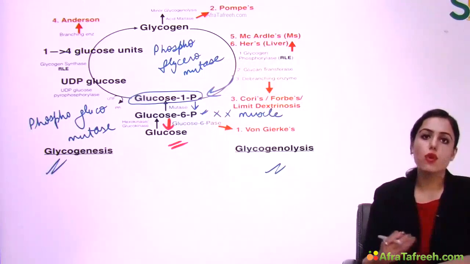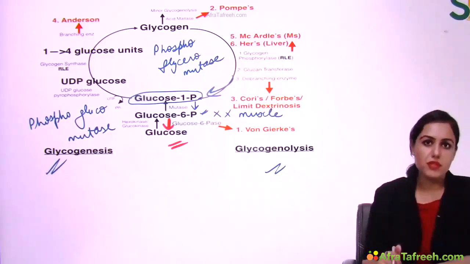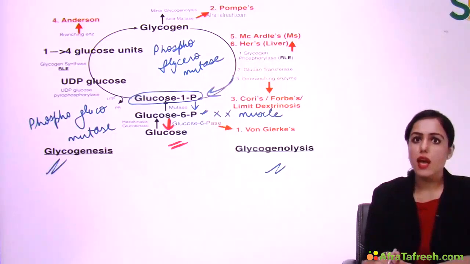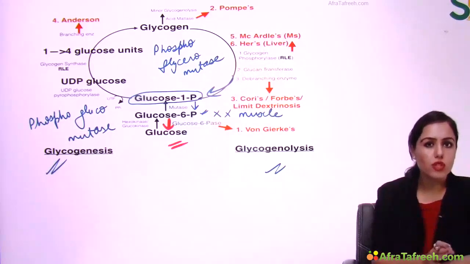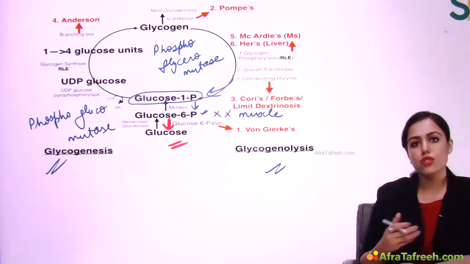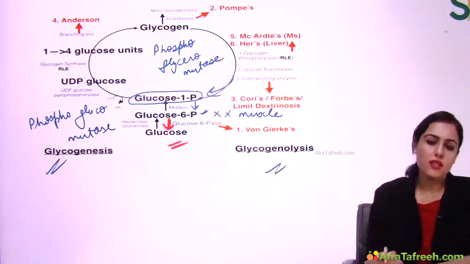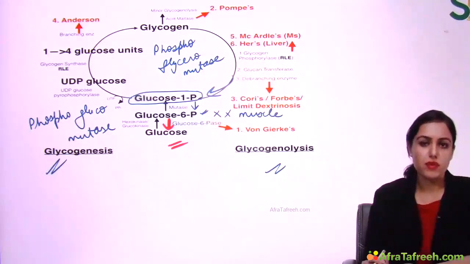That's why muscles cannot maintain blood glucose levels, because this enzyme, glucose 6-phosphatase, is absent in muscles. And let me also tell you, this glucose 6-phosphatase is also involved in gluconeogenesis. We have done that. So this enzyme is common to both the pathways, gluconeogenesis and glycogenolysis, and this enzyme is present in the membrane of endoplasmic reticulum, right?